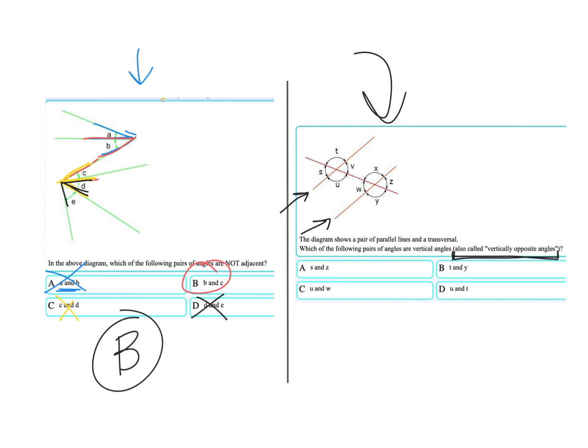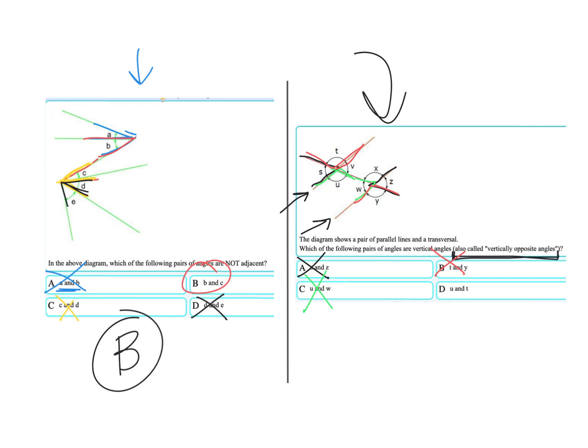So S and Z. They're opposite from each other, but they're not on the same angle, so no. And then U and W, here's U, here's W, not vertical because they're not opposite from each other. And then we have T and Y. Again, they're opposite from each other, but they're not in the same set of angles, so no.